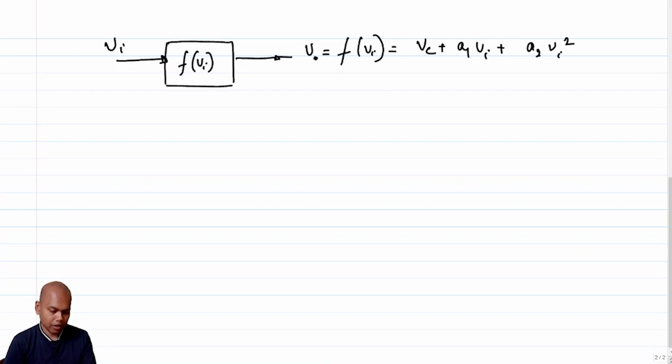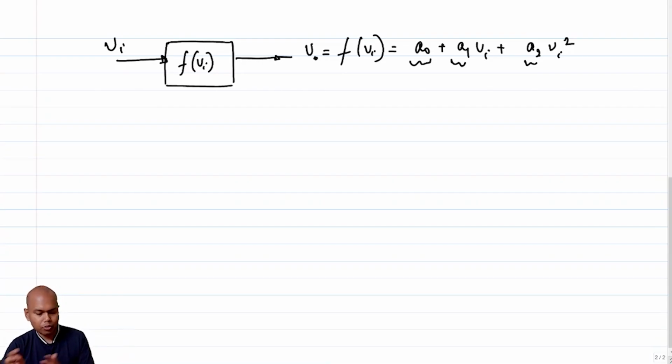So A1, A2 and Vc, and if I call this one A0 just for consistency, you can assume that these are proportional to the coefficients of the Taylor series expansion of any continuously differentiable nonlinear function f of Vi.